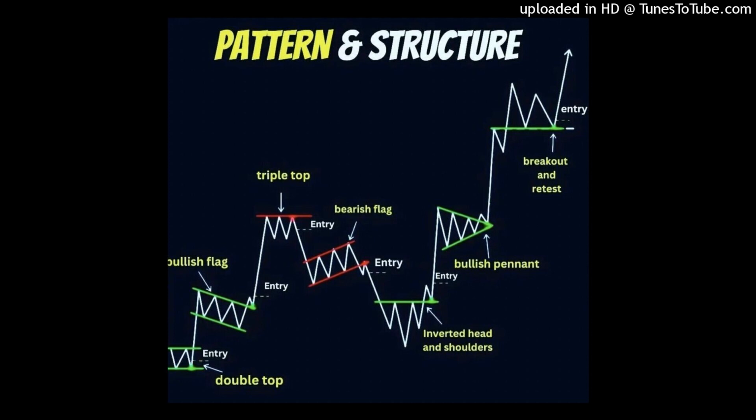Now, trend time frames. Trends can be found on any time frame, but remember, the larger the time frame, the longer the trend will be, right? For example, this is a daily chart, meaning each candle represents a day, and you have an uptrend for 1 year.